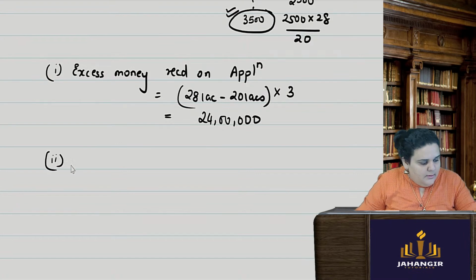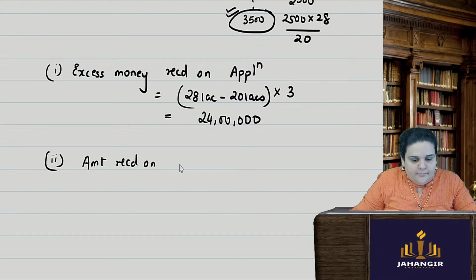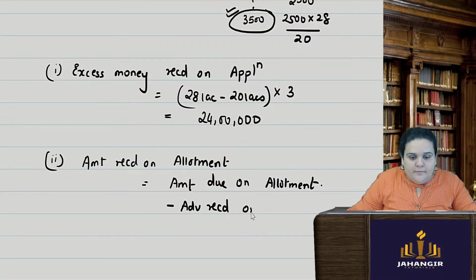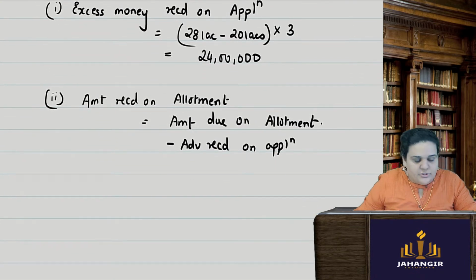So amount received on allotment will be, actually it will be, amount due first on allotment, actual amount due on allotment, minus advance received in application, excess advance received on application, minus calls in arrears.